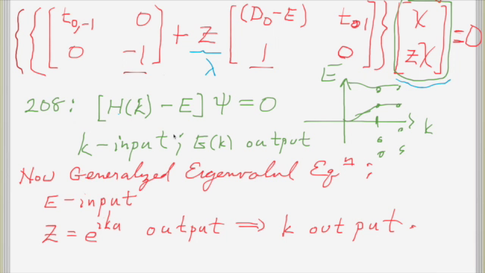We solved this generalized eigenvalue equation to get these chi's, which means that the chi's are not necessarily orthogonal. Only if you solve a Hermitian eigenvalue equation are you sure that you'll get an orthogonal set of eigenvectors.